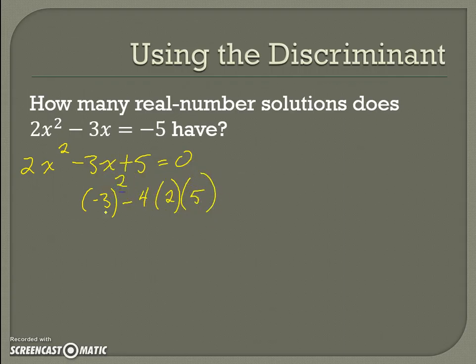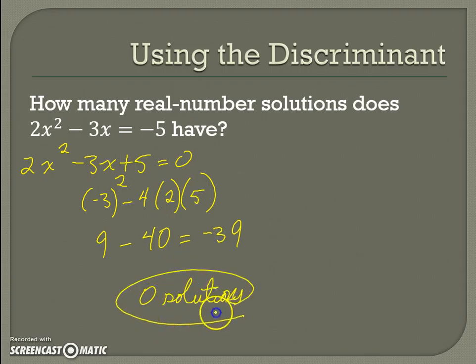And I could do this very quickly. So I get 9 minus 4 times 2 is 8 times 5 is 40. So that equals negative 39. So how many does it have? 0 solutions. Very quickly I'm able to determine that because, again, this is a negative number.